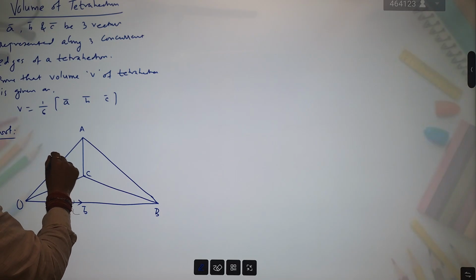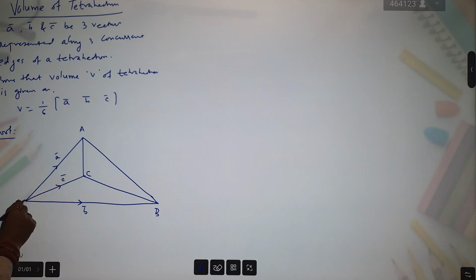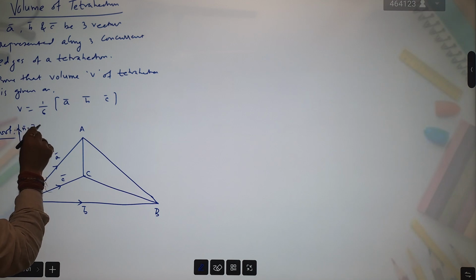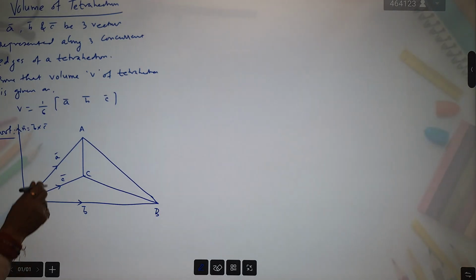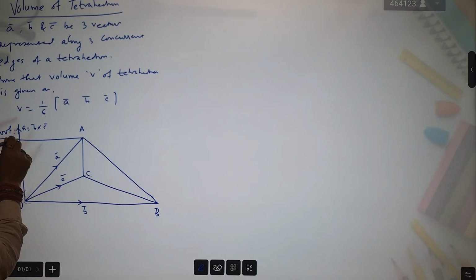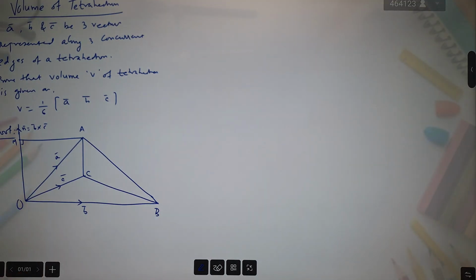OA bar is A bar. N bar is B bar cross C bar, a vector perpendicular to B bar and C bar. Draw AM perpendicular on N bar.